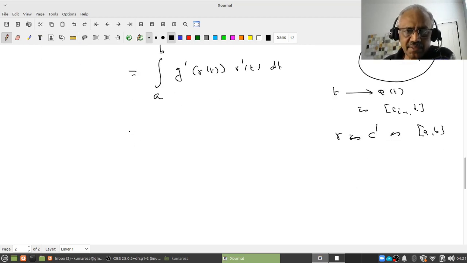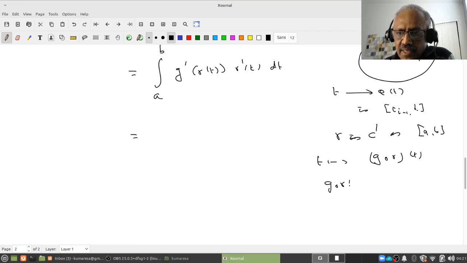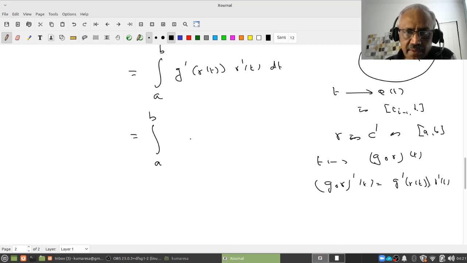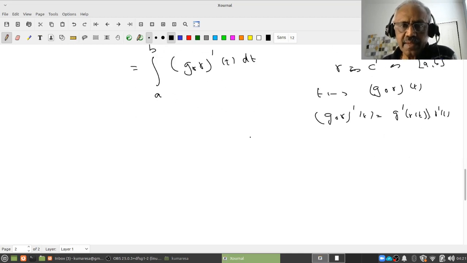Otherwise I have to break the integral into a summation. So let's look at the function t going to g composite gamma of t. Therefore, by the chain rule, the derivative of g composite gamma at t is what? g prime at gamma t times gamma prime t, right? Therefore, this is nothing other than the integral from a to b of the derivative of g composite gamma at t dt, right?